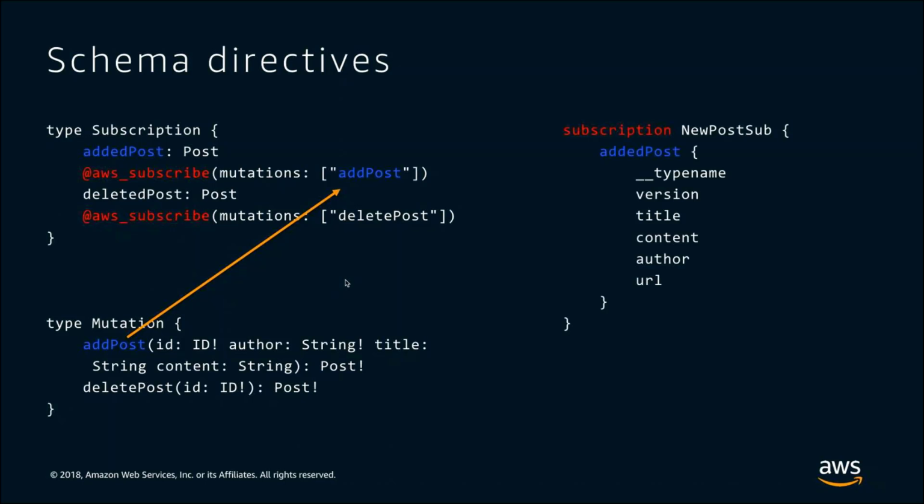So whenever an add post mutation occurs, the added post subscription gets triggered, and any client that is listening to the changes for added post gets notified.